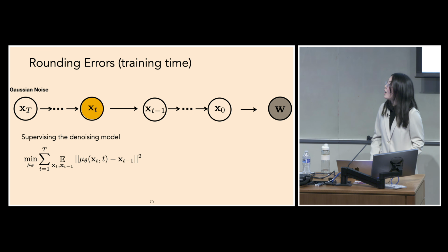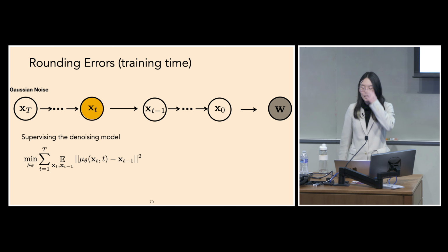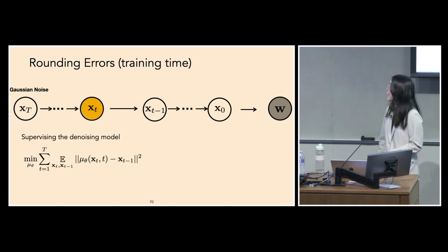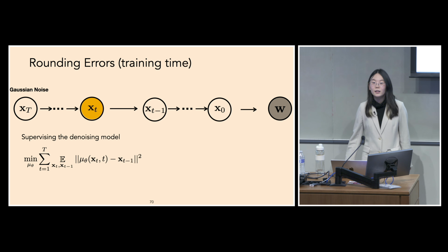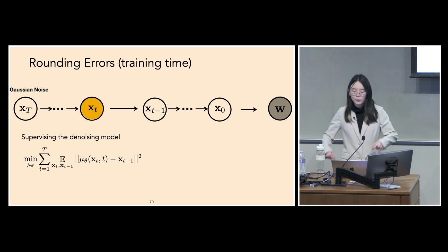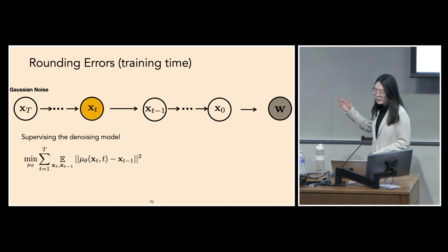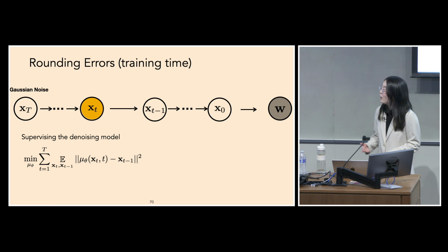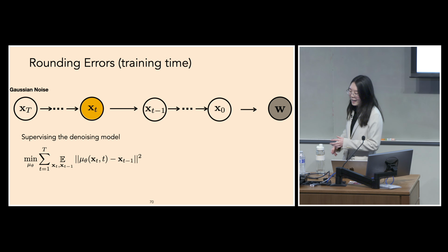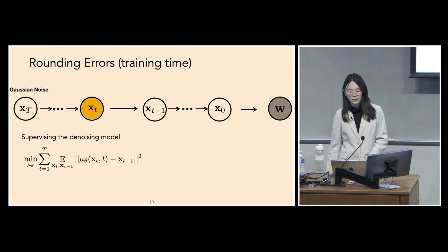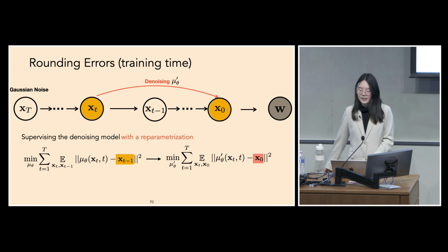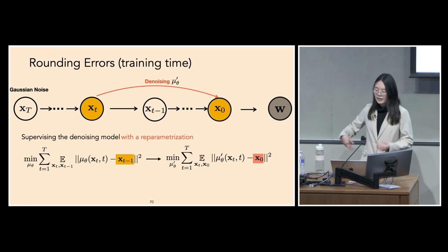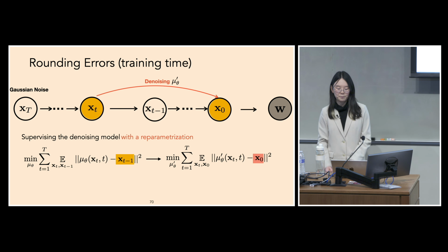So let's consider the rounding problem in the context of training. Training mu theta is hard because the output domain changes at every denoising step t. So we know that the final step will output the word embedding, whereas earlier steps will output word embeddings at different noise levels. And a single model, mu theta, will struggle to handle these varying distributions in their outputs. So to address this, we reparameterize the model to always predict x naught instead of predicting this one-step transition.